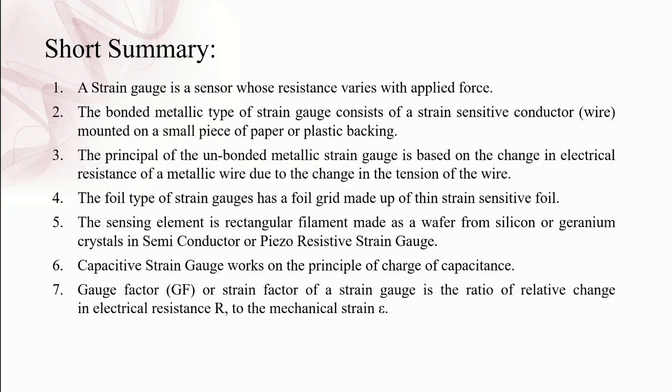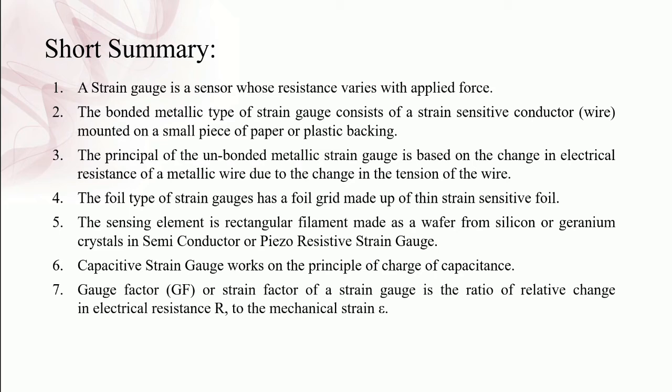Now coming to the summary at the end of the video. We have discussed the strain gauge, which is a sensor whose resistance varies with applied force. It converts force, pressure, tension, weight, etc. into a change of electrical resistance which can be measured. Four types of strain gauges are available: wire wound strain gauge, foil type strain gauge, semiconductor strain gauge, and capacitive strain gauge.